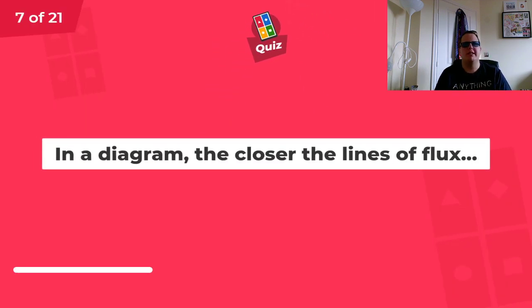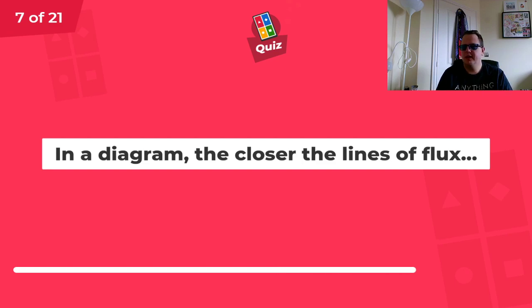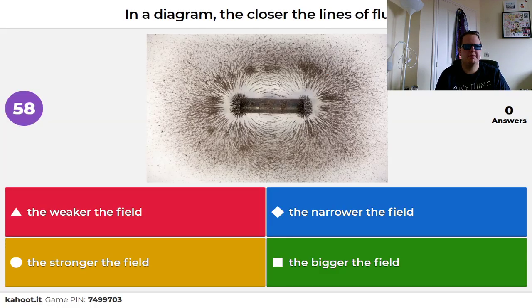Okay, so in the diagram, the closer the lines of flux, the weaker the field, the narrower the field, the stronger the field, the bigger the field?